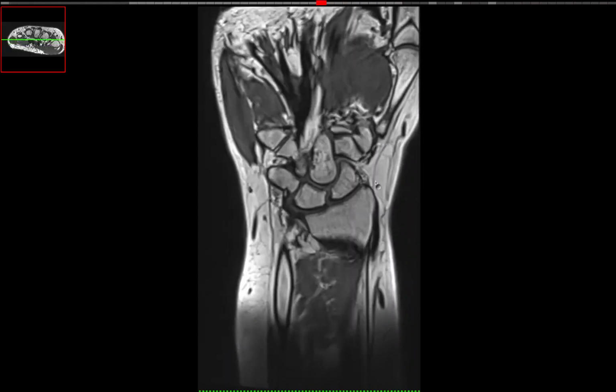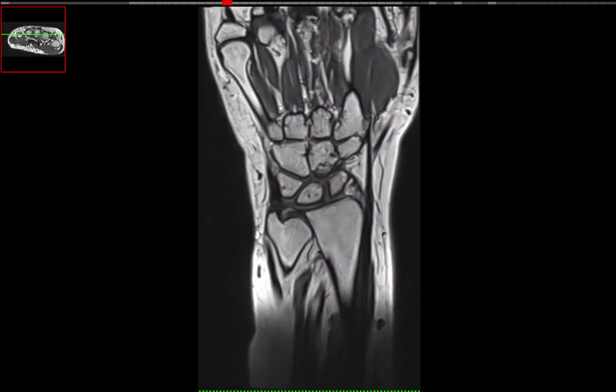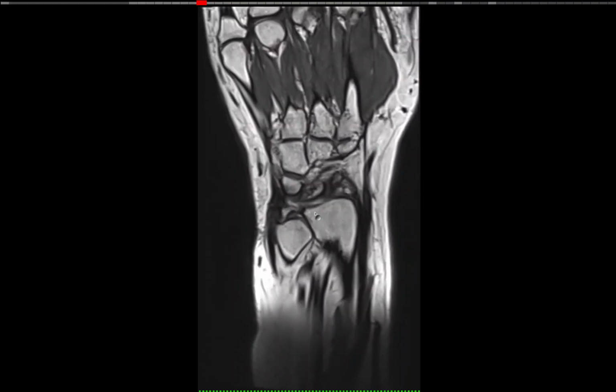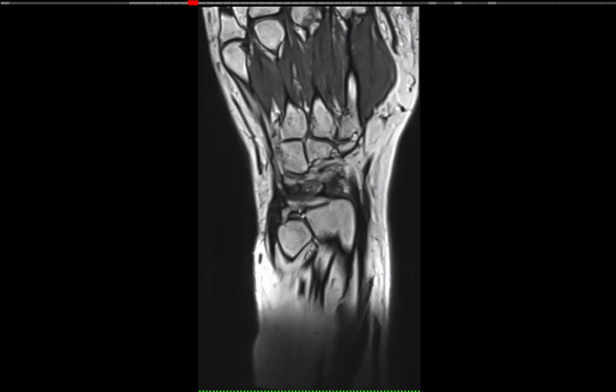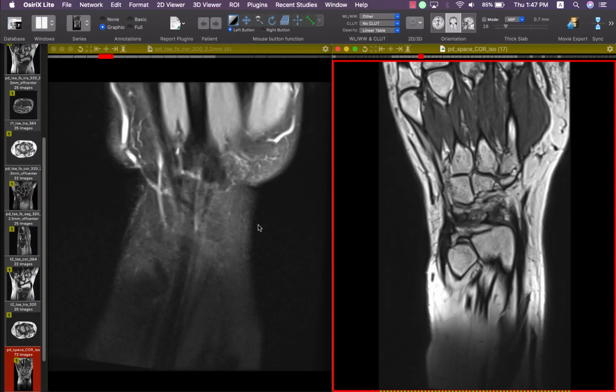Here these are the volume images. We can clearly see this is the dorsal radioulnar ligament, and we can see that the superior aspect of the dorsal radioulnar ligament is disrupted, just the inferior aspect, while the superior aspect is ill-defined.